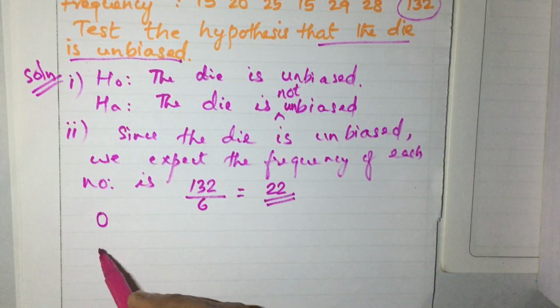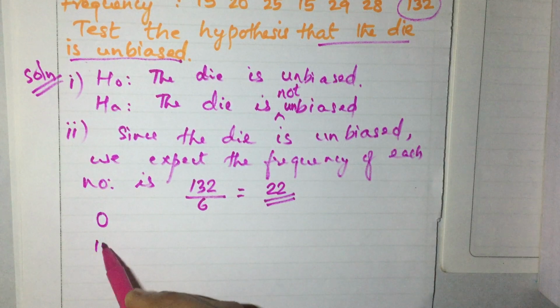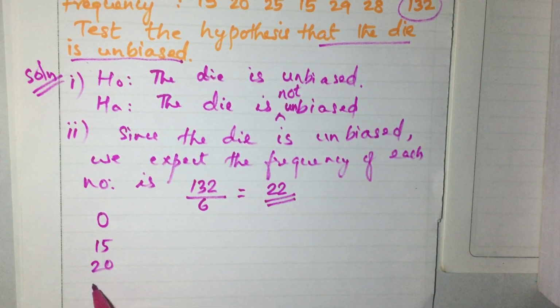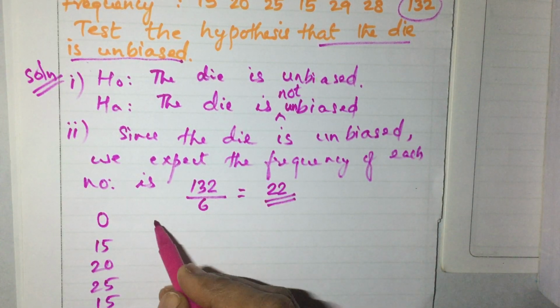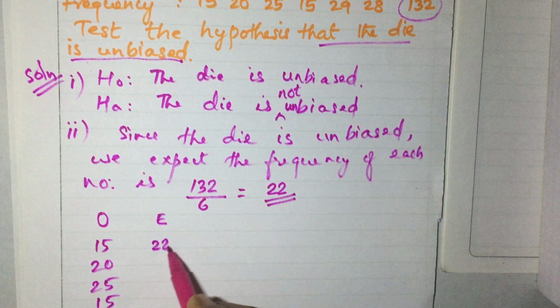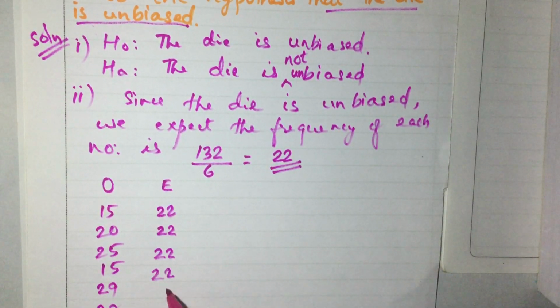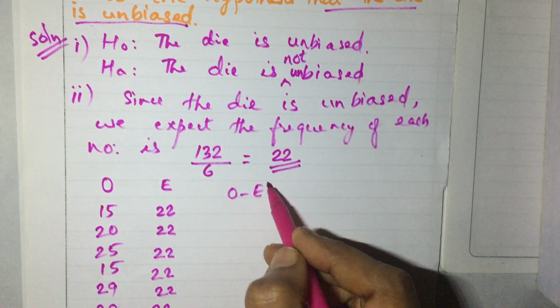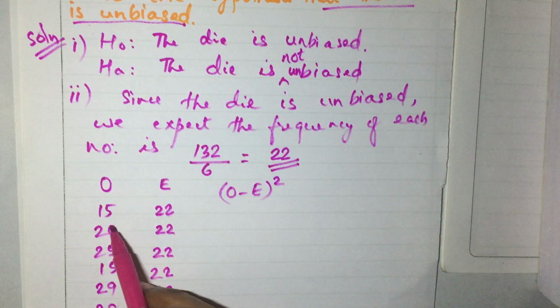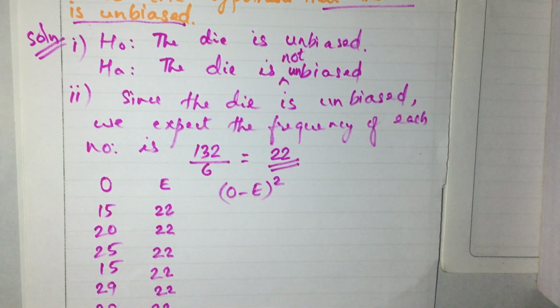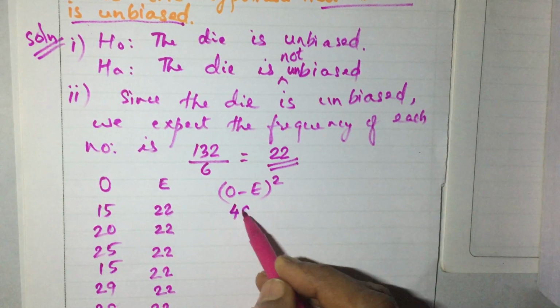Therefore, observed frequencies are 15, 20, 25, 15, 29, 28. Expected frequency, all are 22, 22, 22, 22, 22 and 22. Then O minus E the whole square, that means 15 minus 22, that is 7. 7 square is 49.